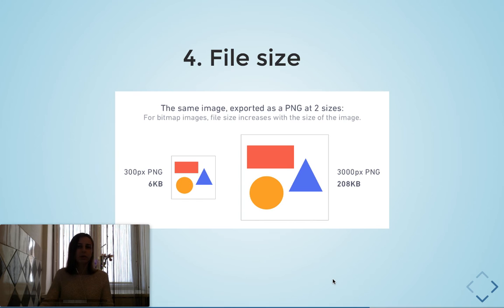Plus, they carry a lot of information in a relatively small file size. On the other hand, raster file sizes are defined by their DPI or PPI and fixed width and height, which makes them much heavier while containing less information.